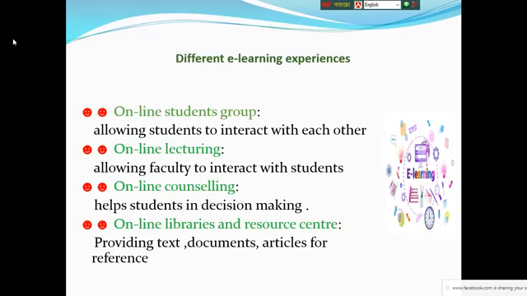And then online counseling. If you need any help regarding learning language, or your personal matters, you can ask me, you can consult with me, you can share with me. And then online libraries and resource centers.